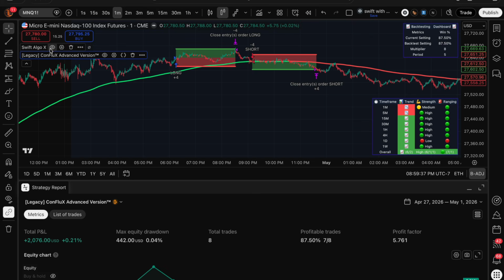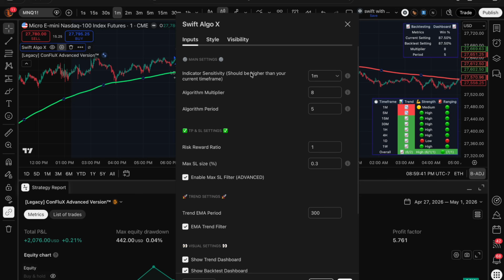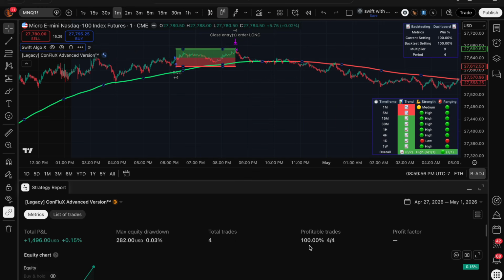Okay, so let's actually do the 1 minute indicator sensitivity. So this actually gives us 100% win rate. So let's change the algorithm multiplier to 9 and then pair it to 4 and see what that gives us. So it took 4 out of 4 trades.